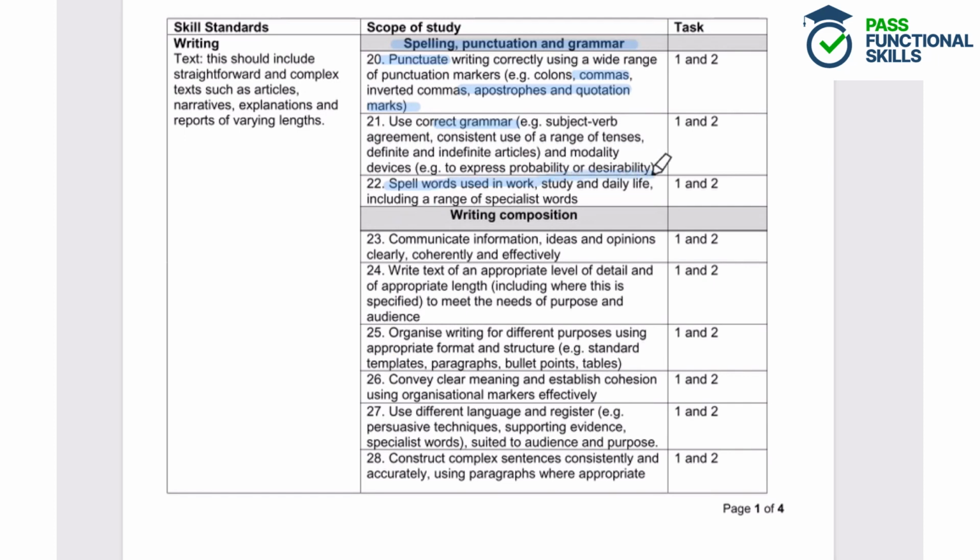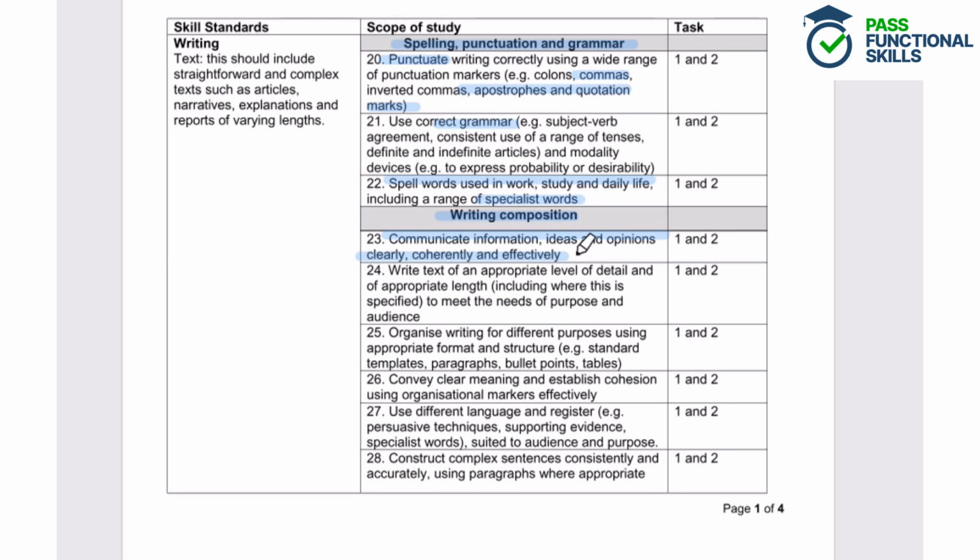So words that are used in daily life and a range of specialist words that focus on the topic that has been specified in the question. As well as spelling, punctuation and grammar, we need to be focusing on how our writing is composed. So we need to be communicating information and ideas and opinions clearly, coherently and effectively.